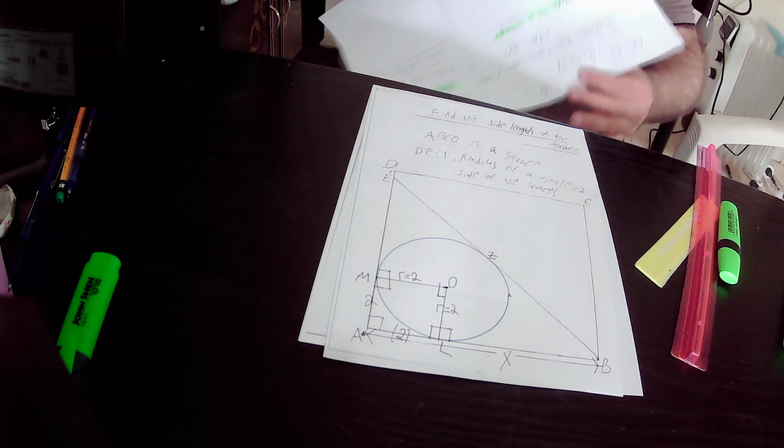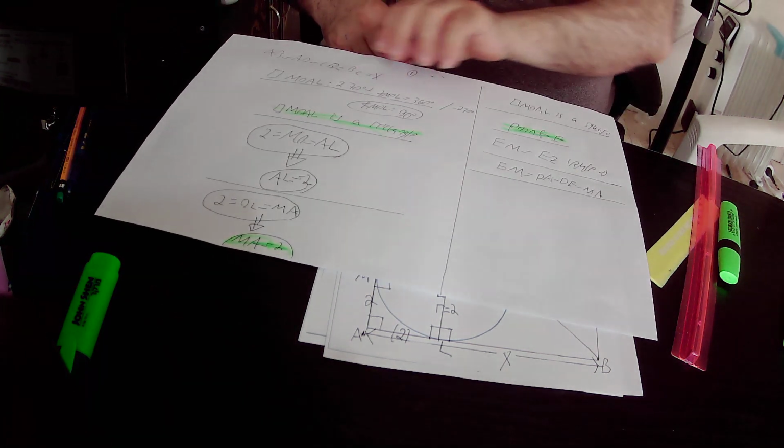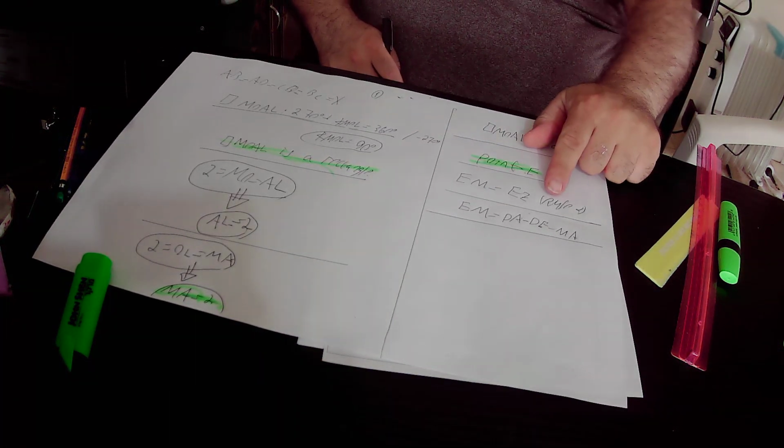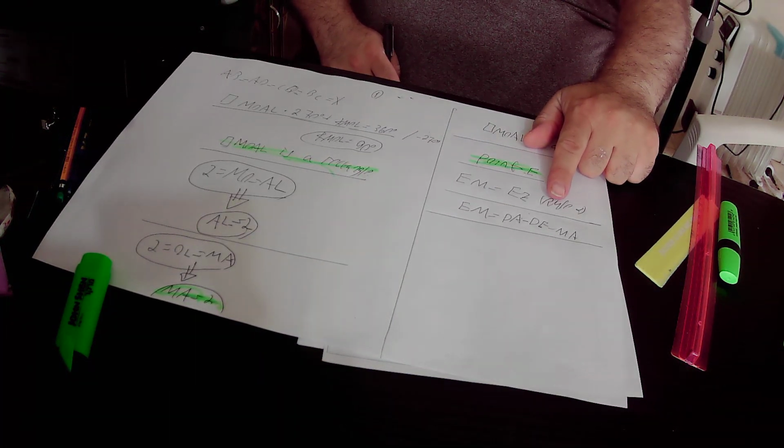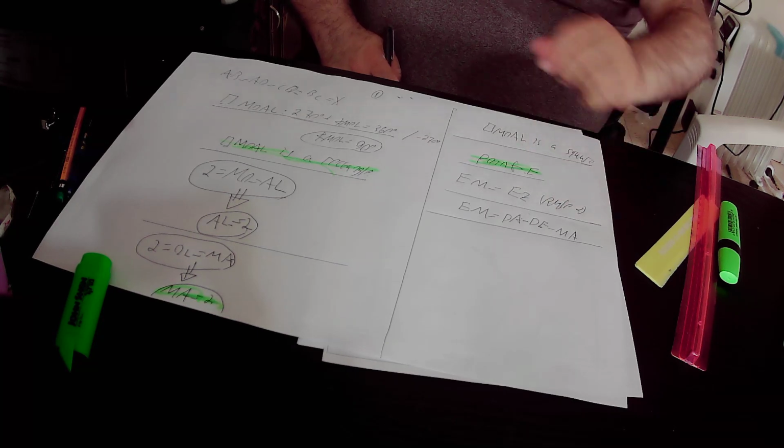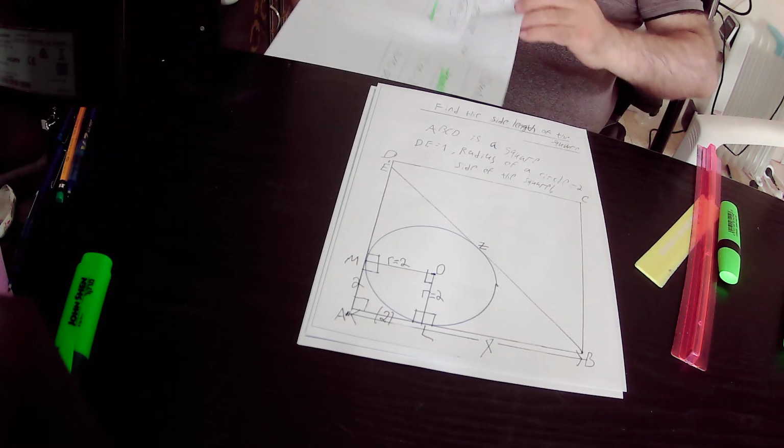I will repeat again: EM equals DA minus DE minus MA.